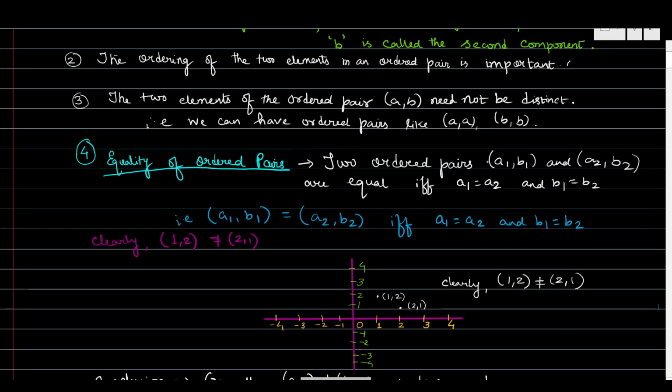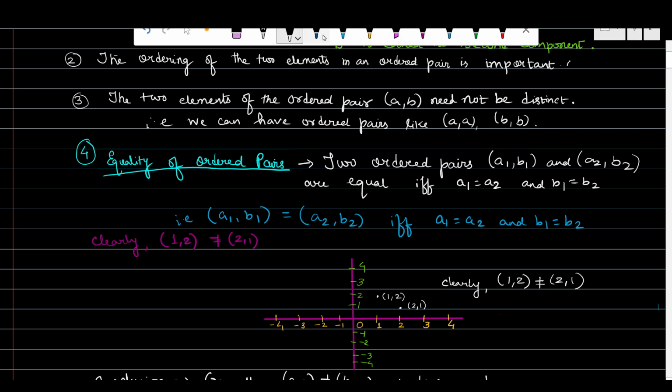Next, equality of ordered pairs. Two ordered pairs A1 B1 and A2 B2 are equal if and only if the first component of the first ordered pair equals the first component of the second ordered pair.